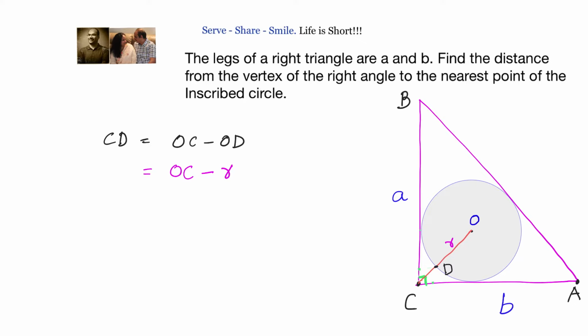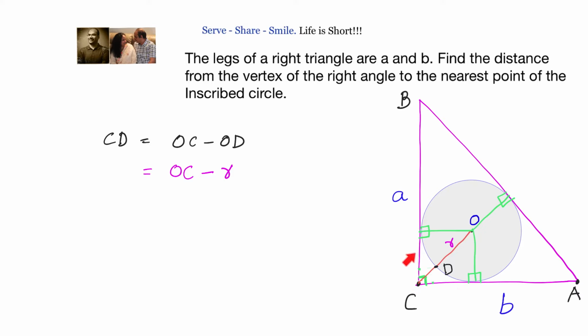For that, we'll drop perpendiculars to the points of contact. Now you can see that we have a square here. Why do we have a square?